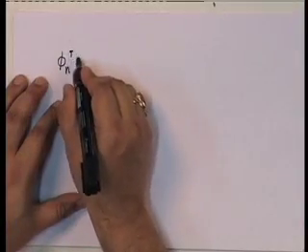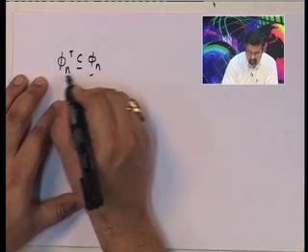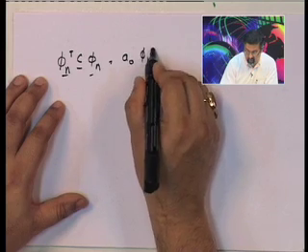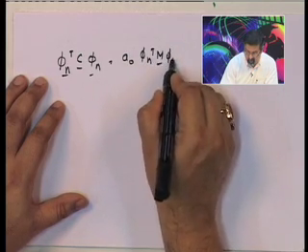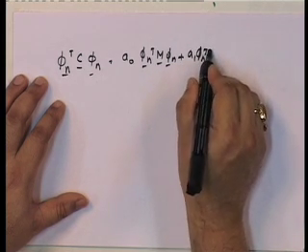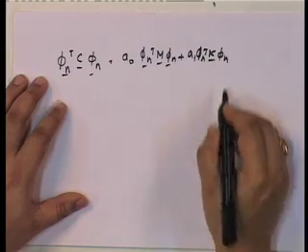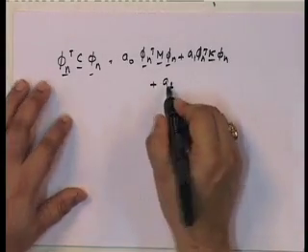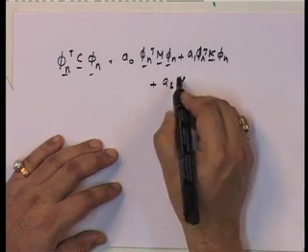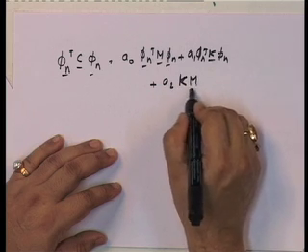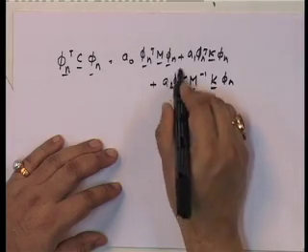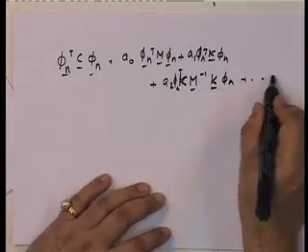Well, if I make phi n transpose C phi n, I get A 0 phi n transpose m phi n plus A 1 phi n transpose k phi n plus A 2 phi n transpose k m inverse k phi n, where m m inverse is I, plus blah blah blah.